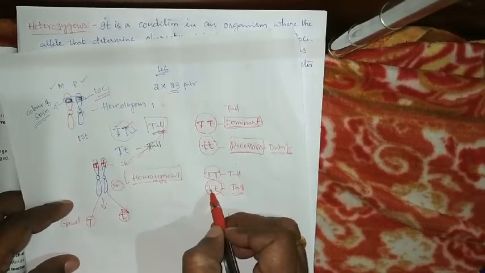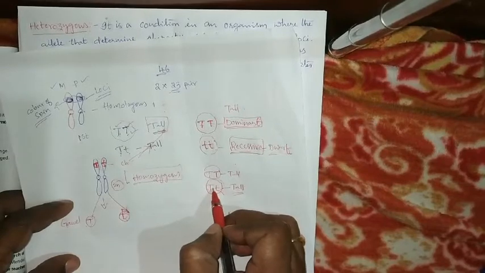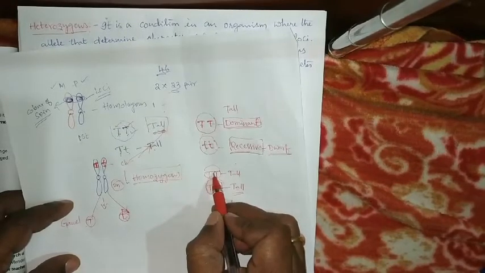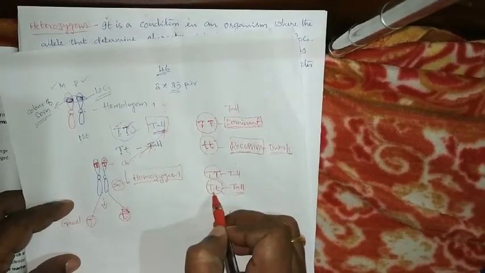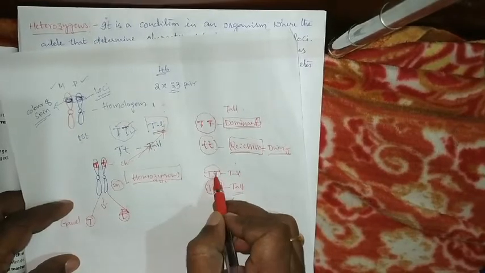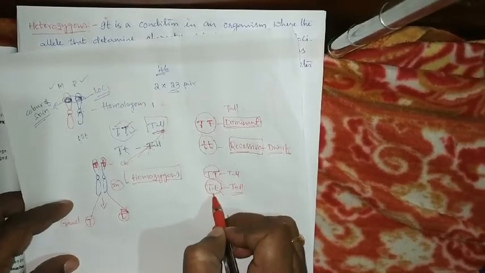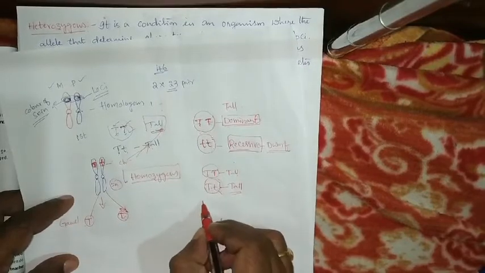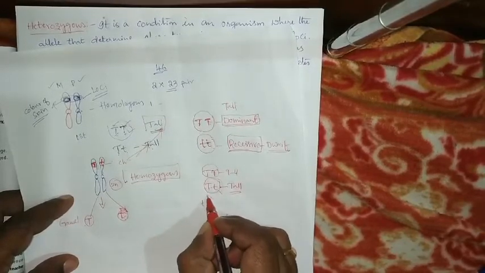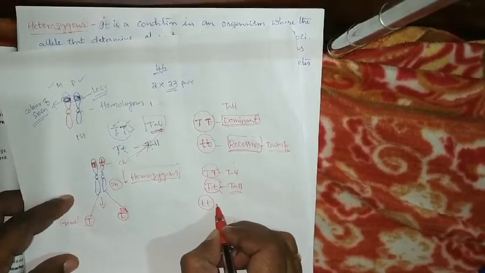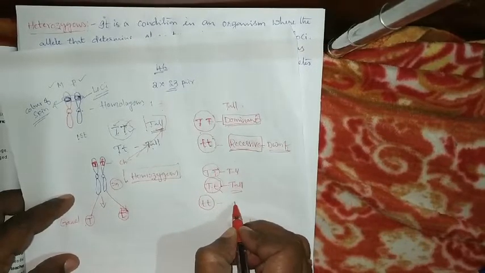That means the dominant character is always represented by the homozygous condition and the heterozygous condition also. But the recessive character is represented only in the homozygous recessive allele condition.